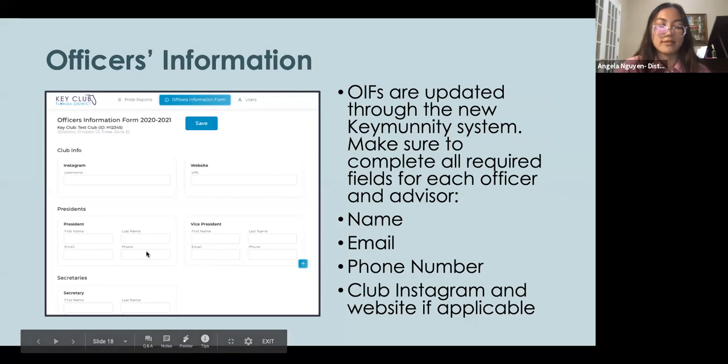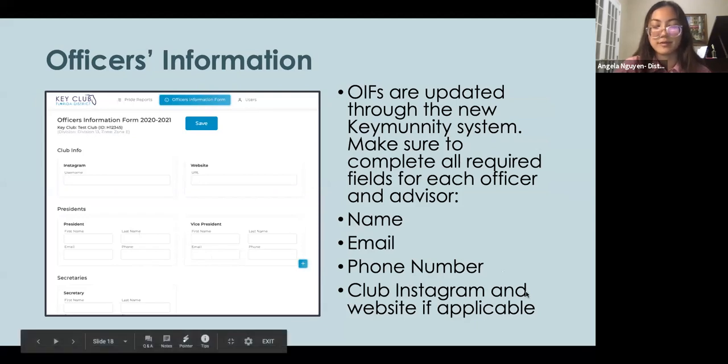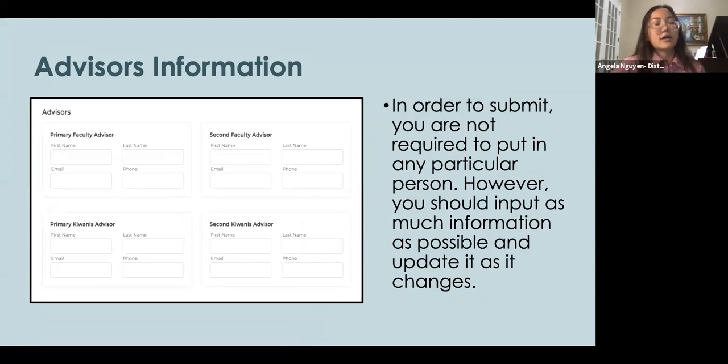So not both. Make sure that you're putting the correct primary president and vice president into the officer information form. In order to submit the form, you don't have to fill out all of the information, but you should put in as much information as you can so that your lieutenant governor can have as much information to be able to contact your club.